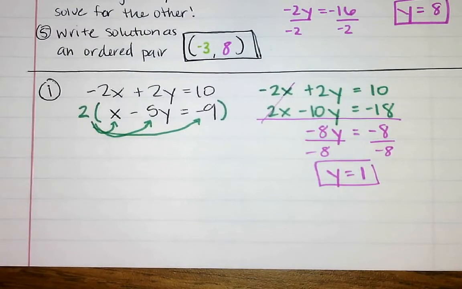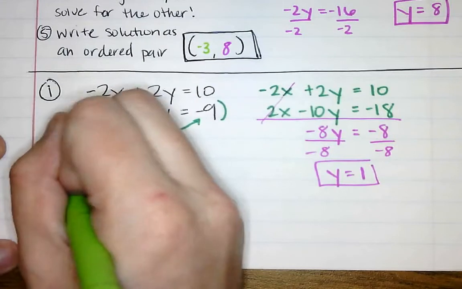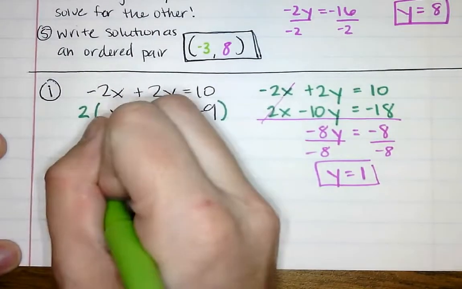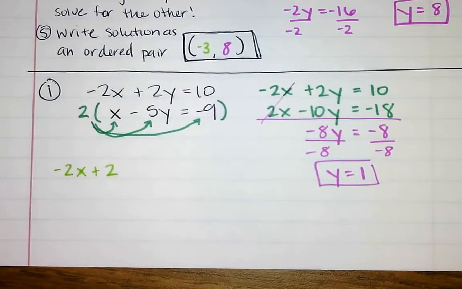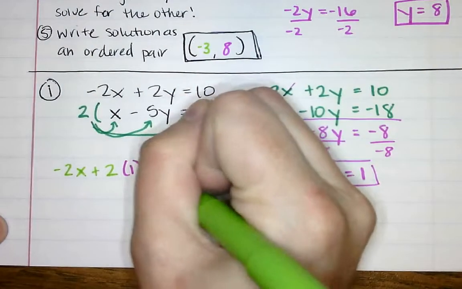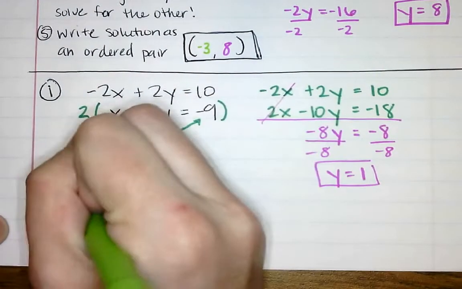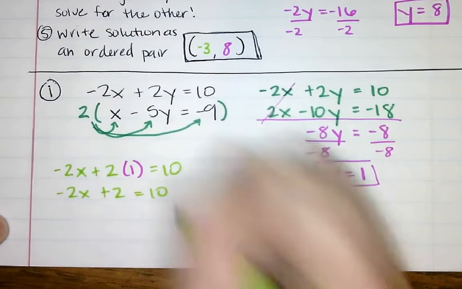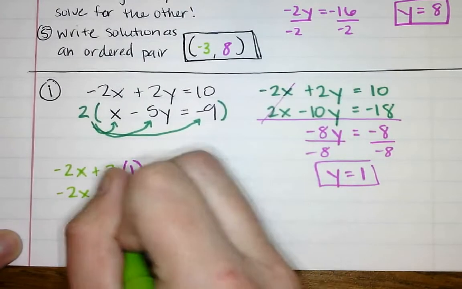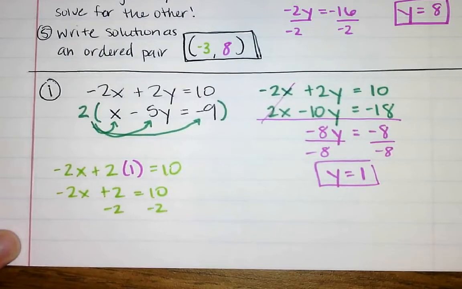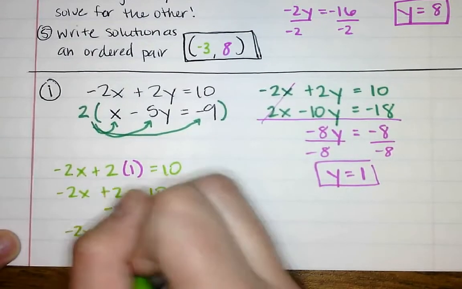So we have negative 2x plus 2 times y, which is 1, equals 10. So that's negative 2x plus 2 is equal to 10. So then I subtract my 2. So I have negative 2x is equal to 8.